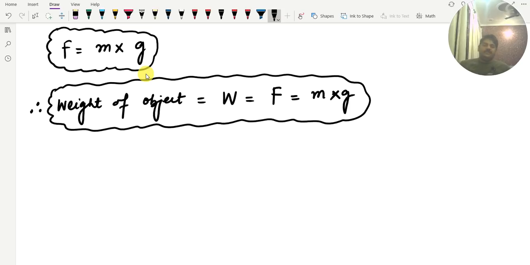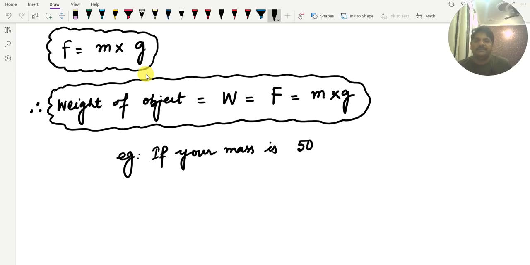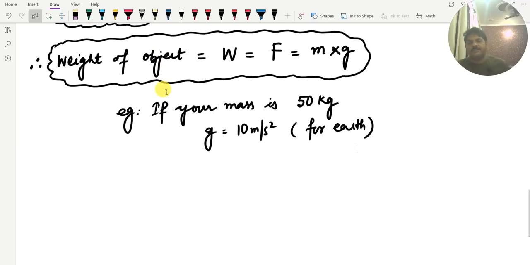Now if your mass is, let us say, 50 kg, and we know g is equal to 10 meter per second square for earth, what would be your weight?